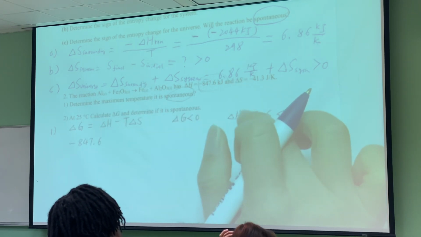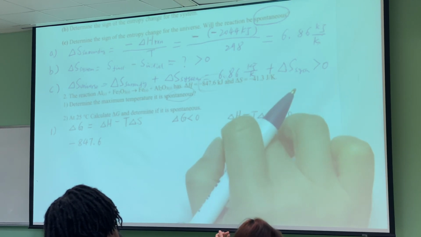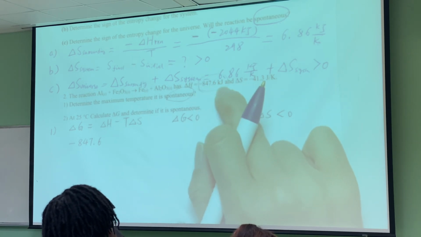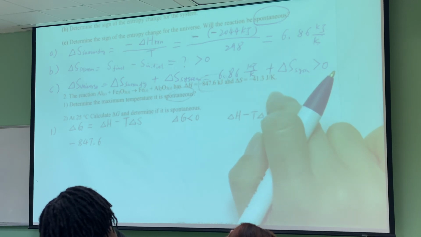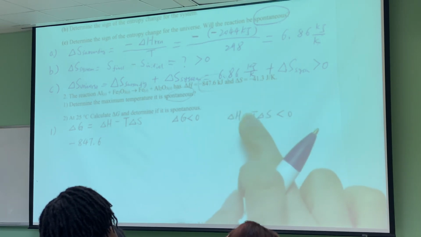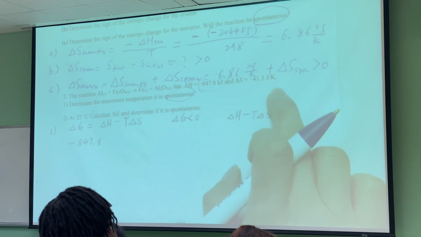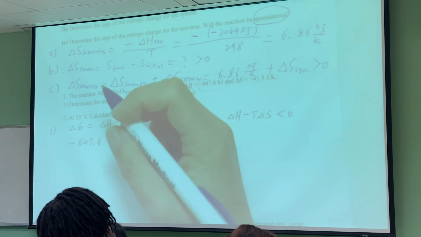So now my delta H is given, delta S is also given, so I just plug in the numbers. Here, you must be careful with the unit. The delta H is in kilojoules. However, your delta S given is in joules. To put them in the same equation, you have to make sure they have the same unit.